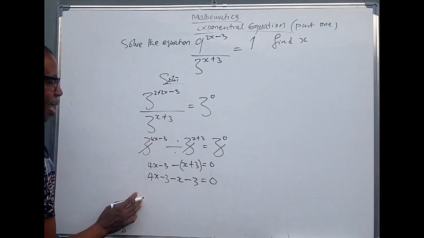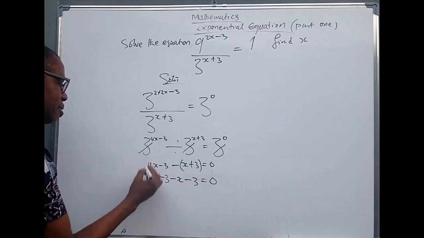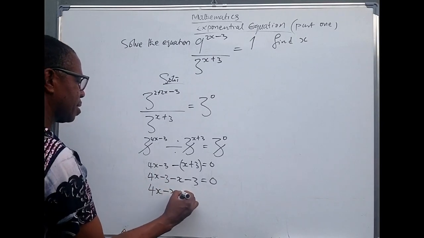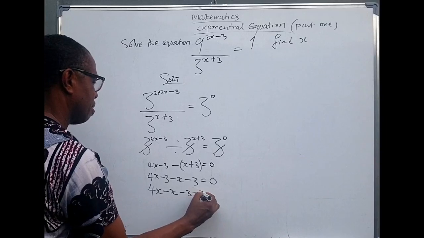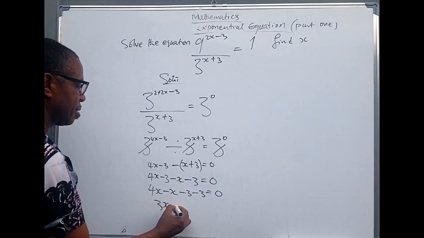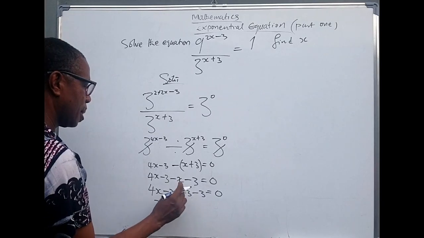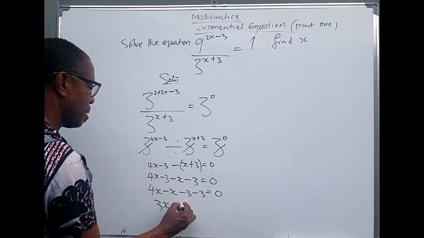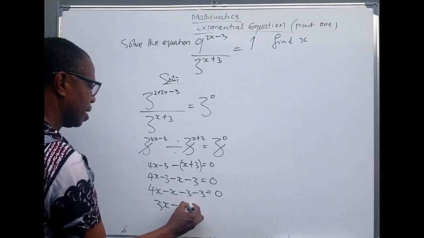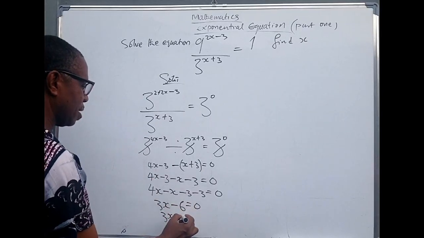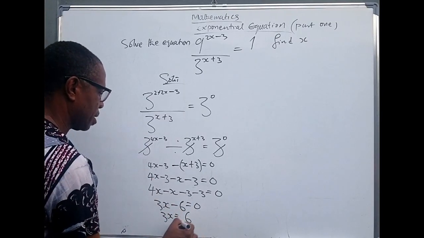And then I can now arrange it properly so that I don't make mistakes. So I will now have 4x minus x minus 3 minus 3 equal to 0. That will give us 3x, then minus 3 minus 3 is minus 6, equal to 0. So 3x is equal to minus 6, crossing over will become plus 6.